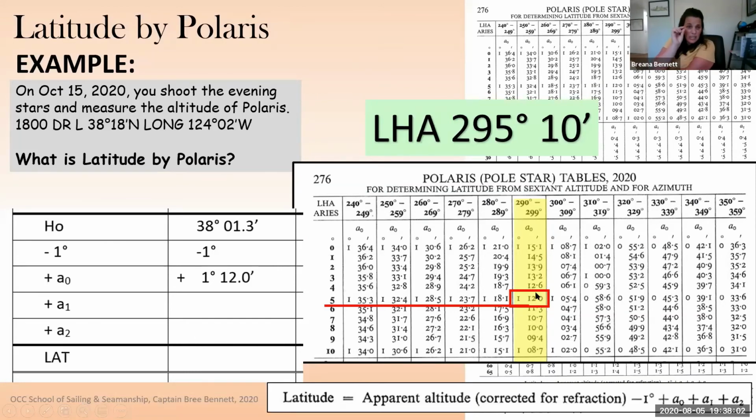Again, this is going to make just a slight little change, so it's just up to you how much you want to interpolate. Following our HO, we always subtract 1 degree, and then we have our H0, 1 degree, 12 minutes.